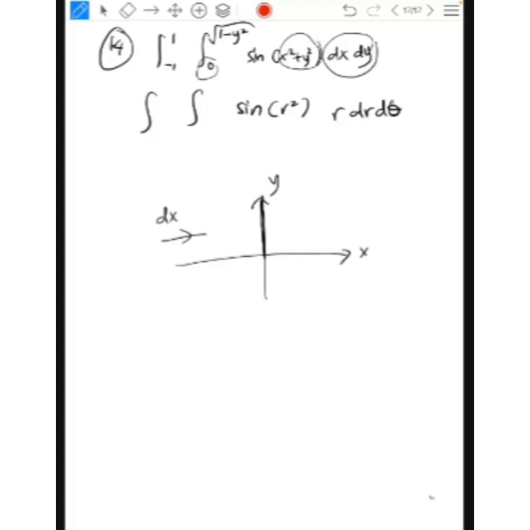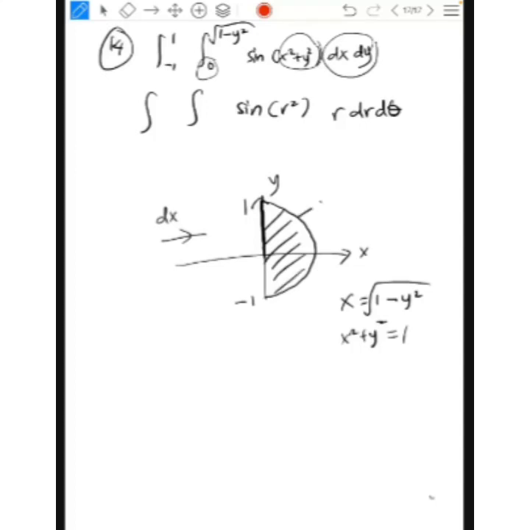The lower limit is x equals to 0, until x equals to the square root of 1 minus y squared, or x squared plus y squared equals to 1. So actually, this is a half circle. Okay, and then y is from negative 1 until 1. So it is the full half circle here.